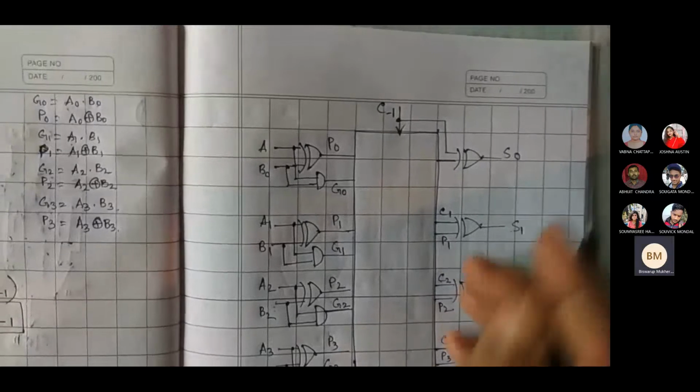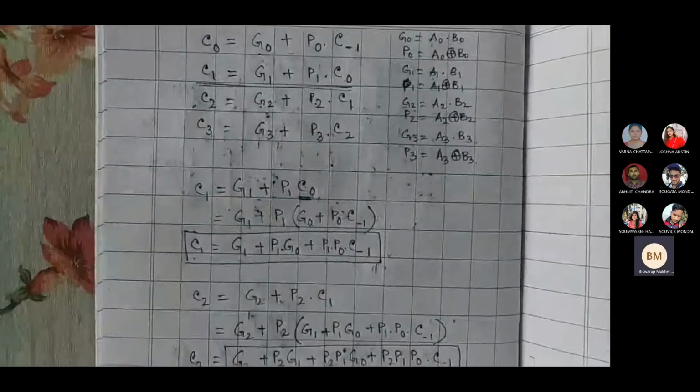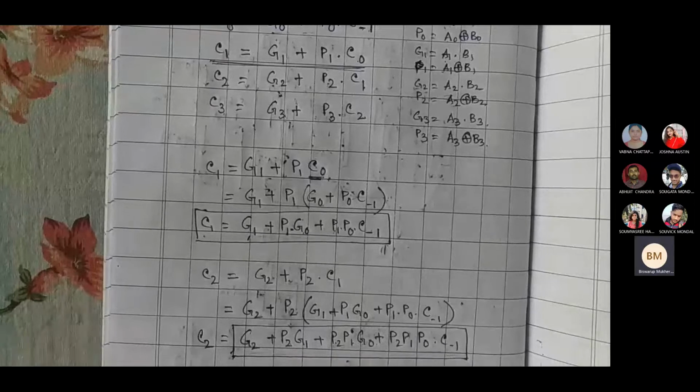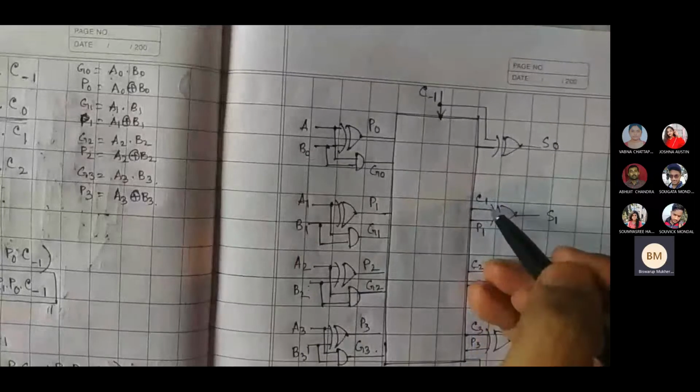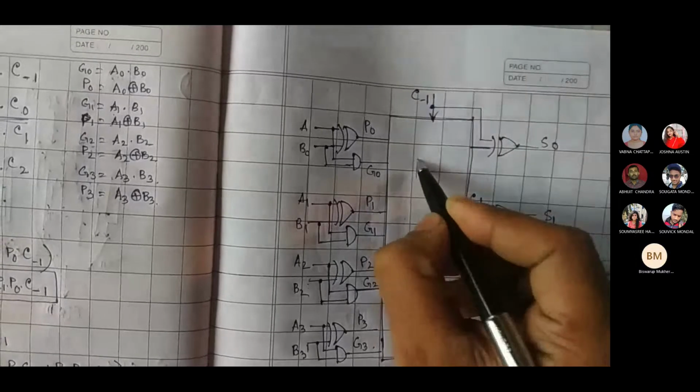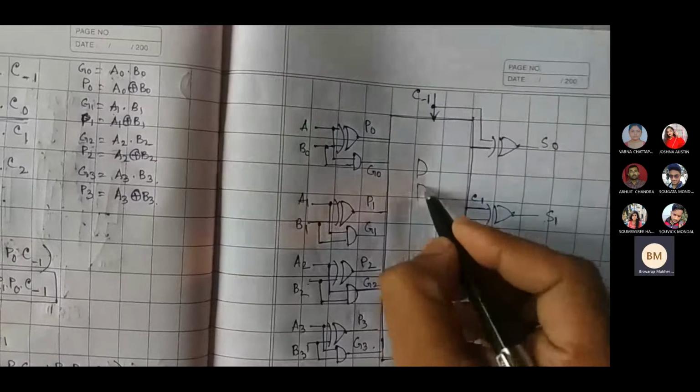Okay. Now how to get C1? C1 টা কিভাবে আসছে? As you have already got this thing that C1 can be generated G1, P1, G0, P1, P0, C-1. So initially inside that you will be having some complex circuit, এর মধ্যে একটা ছোট্ট সার্কিট থাকে, that is for generation of C1. তাহলে কি হচ্ছে P1, প্রথম হচ্ছে G1. So let us have one AND gate, another AND gate.